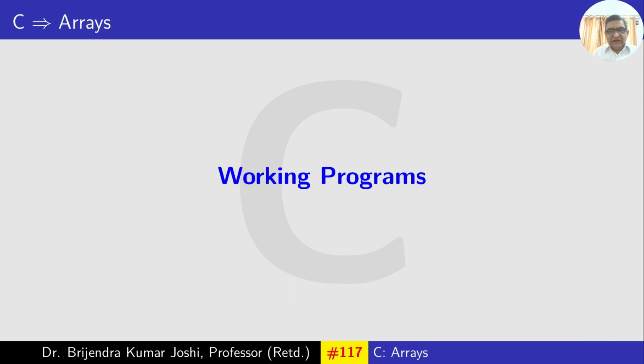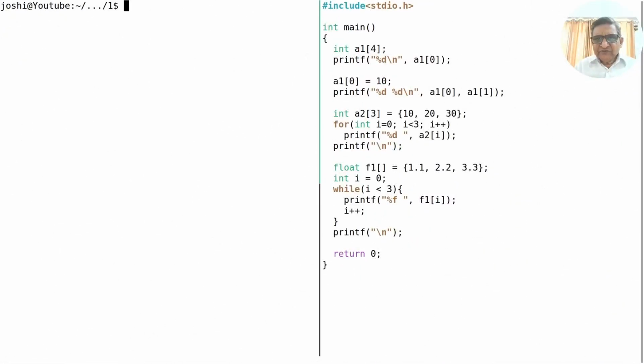So now let us look at a few working programs which I have written. What we have done here is we have declared one array named A1 of type int of size 4, but we have not initialized any value.